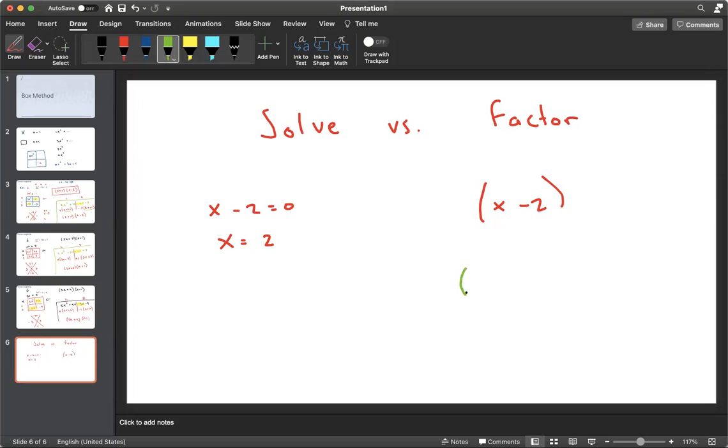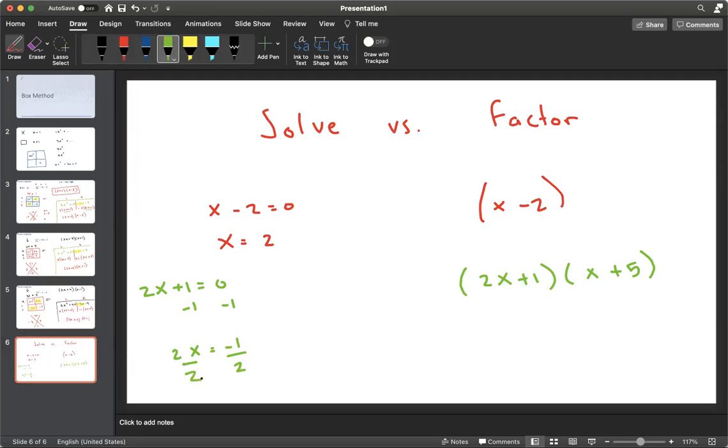Another example, what if we had 2x plus 1 and we had x plus 5? When we solve, we're going to set both parts equal to 0. So 2x plus 1 equals 0. We use algebra and subtract 1 from both sides. So I get 2x equals negative 1.